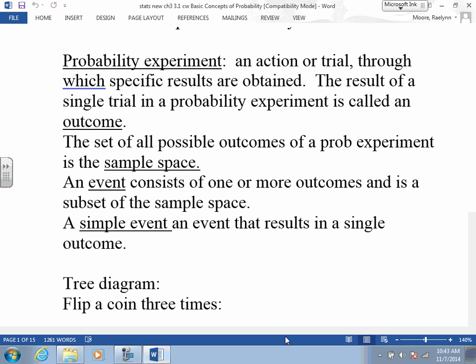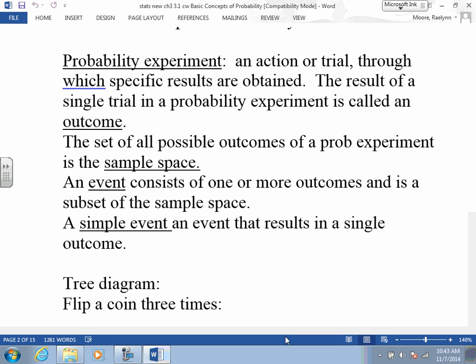Half of the time I should get a head, half of the time I should get a tails. If I hand everybody in here a coin and I say flip this 10 times, will everybody get 5 heads and 5 tails? No, that's your experimental probability. Theoretically, we know over time, over the law of large numbers, if we did this millions of times, we would approach that 1/2, that theoretical probability.